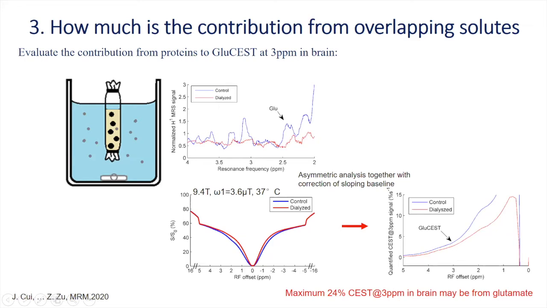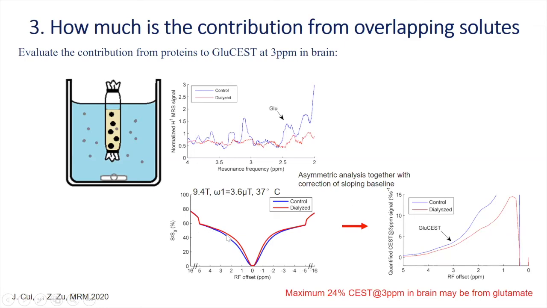And we found that maximum 24% of CEST signal at 2-3 ppm in brain may be from glutamate. This is low, but we think this is still okay for glutamate imaging, since the first glutamate paper reported that glutamate has 700% signal enhancement over MRI. So 1/4 of the CEST signal from glutamate is still okay.